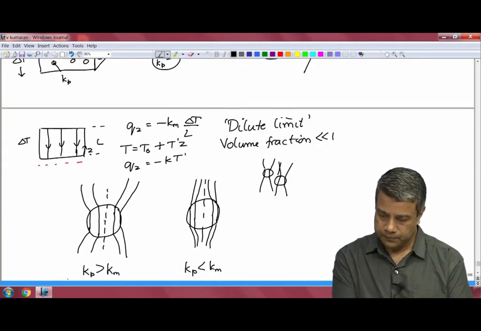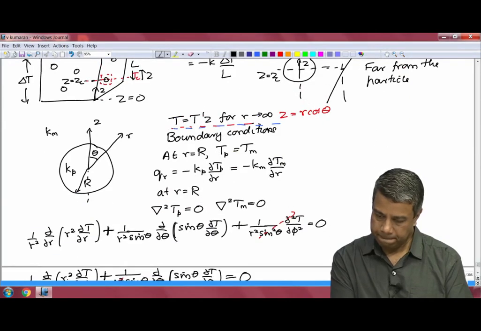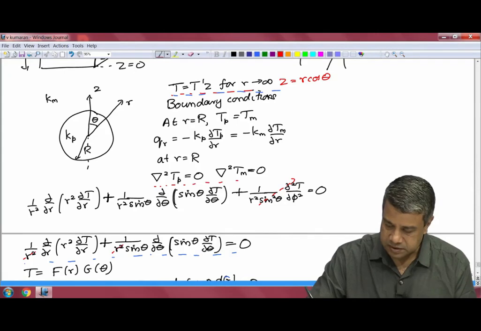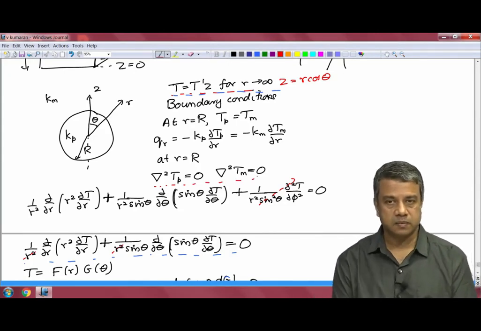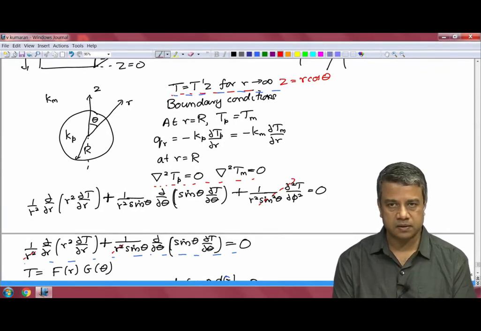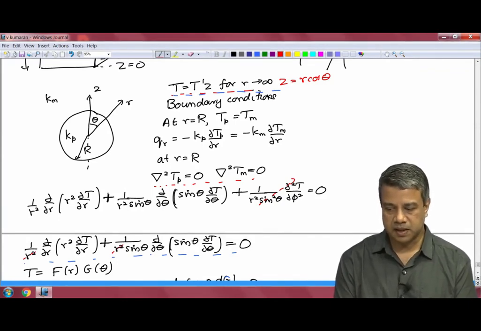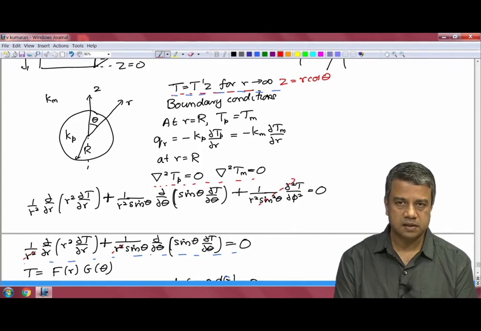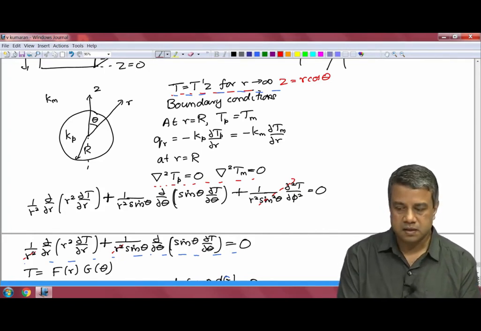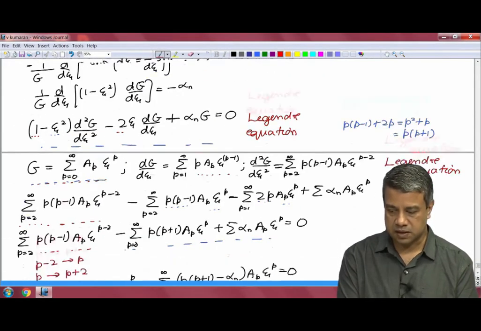Since there are no sources or sinks in either the particles or the matrix, Kp del square Tp is equal to 0. Km Laplacian of Tm is equal to 0, and therefore, Laplacian of Tp is also 0, Laplacian of Tm is also 0. So, the temperature field satisfies the Laplace equation in both the particles and the matrix.